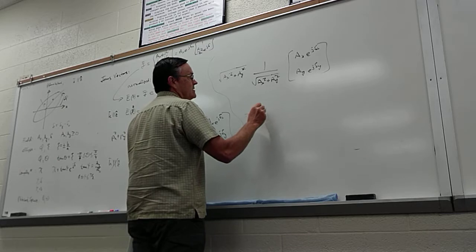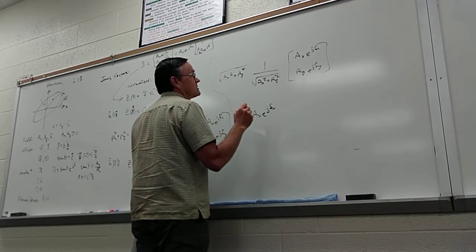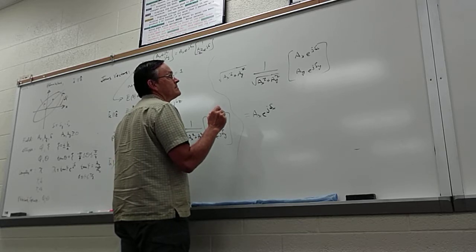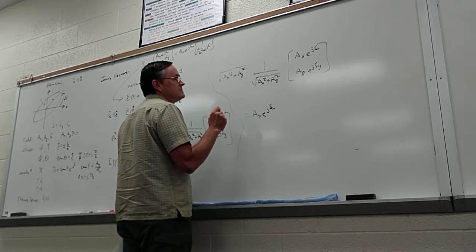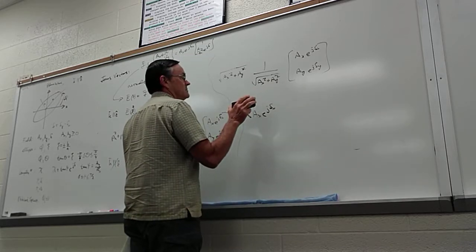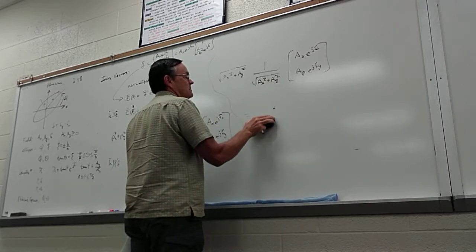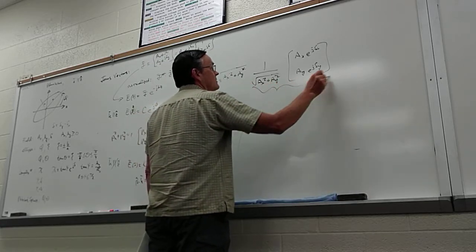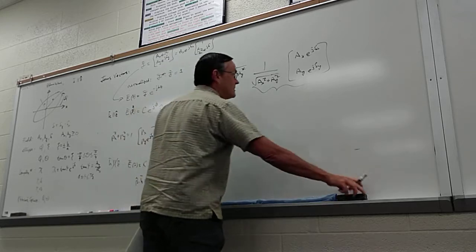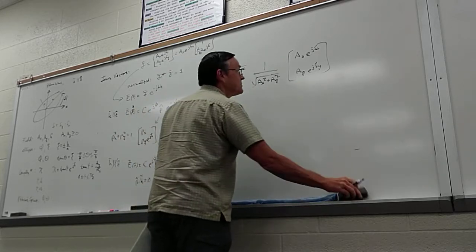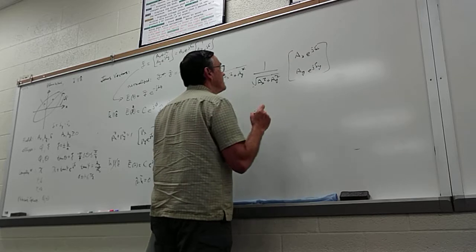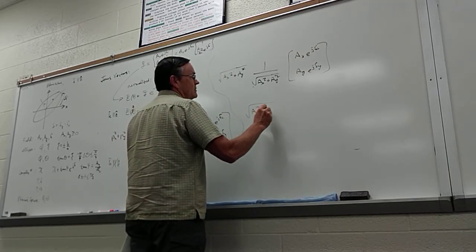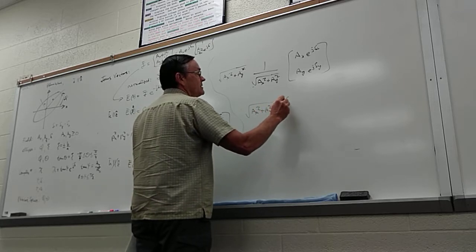So we have the square root of ax squared plus ay squared and e to the j delta x.